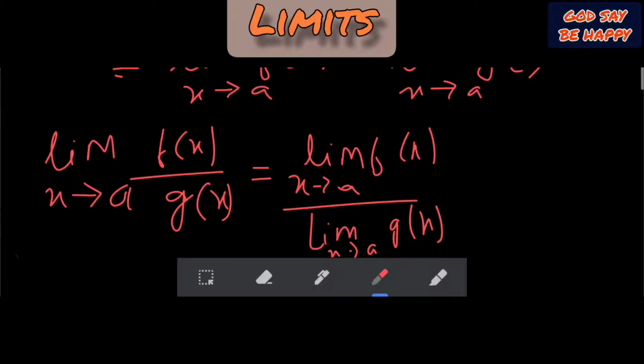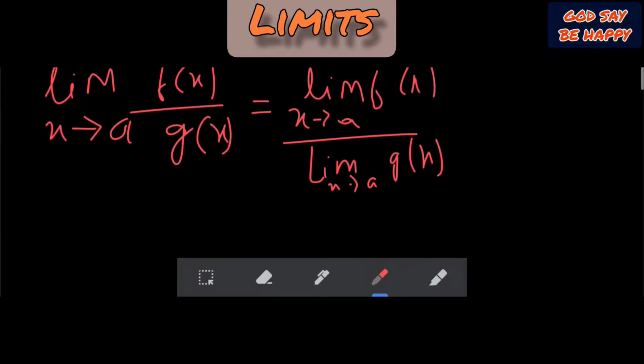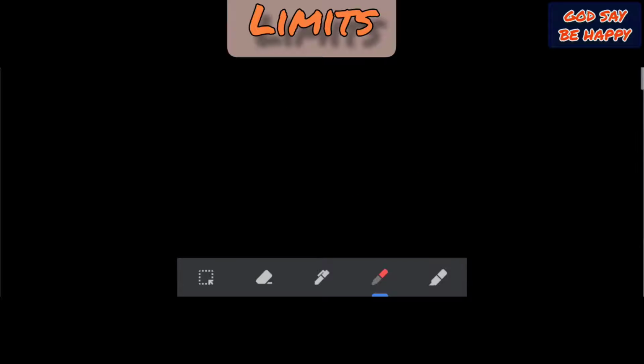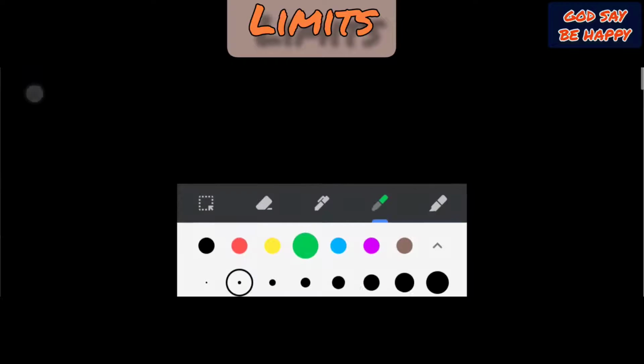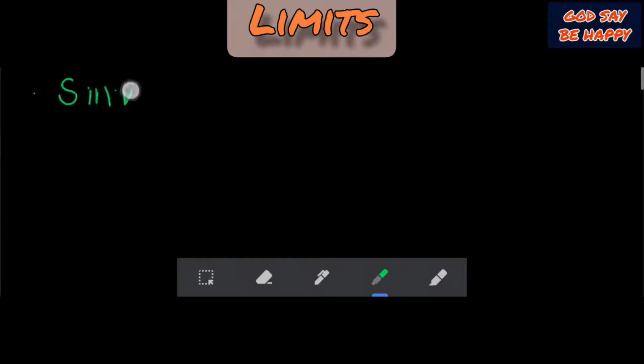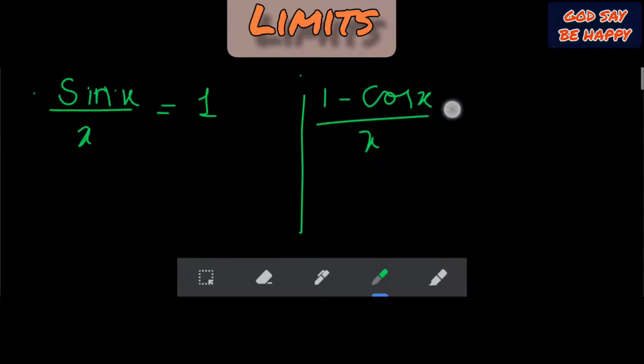This was some algebra of limits. Now we have some trigonometric formulas in limits, that is limit of sin x upon x equals 1, 1 minus cos x upon x equals 0, tan x upon x equals 1.